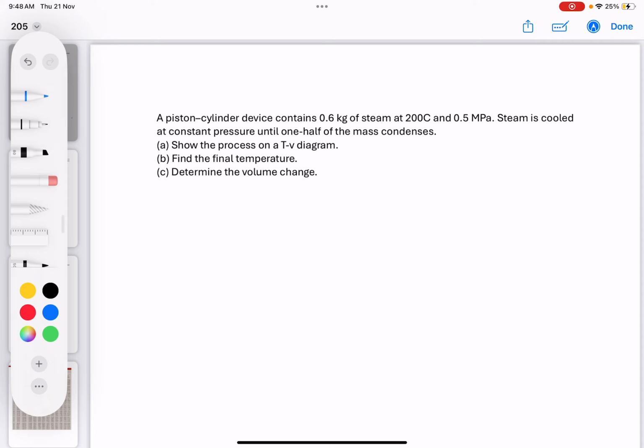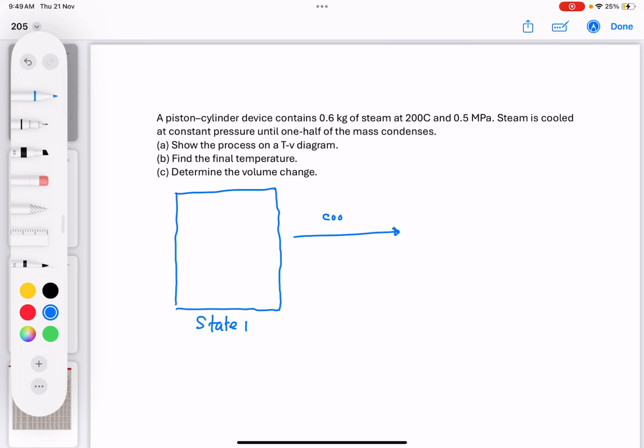So in this case, I'm going to draw a diagram so that all the information can be clearly shown. Usually I will start with this one as my state 1, and then it's going through a cooling process at constant pressure, and then it's going to be state number 2.